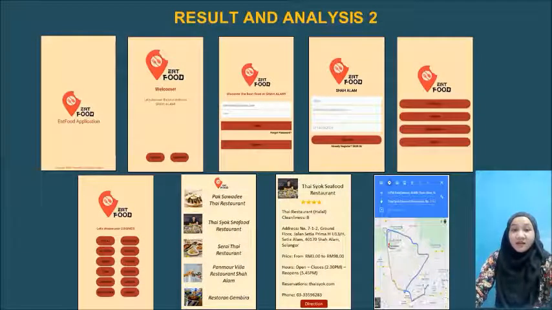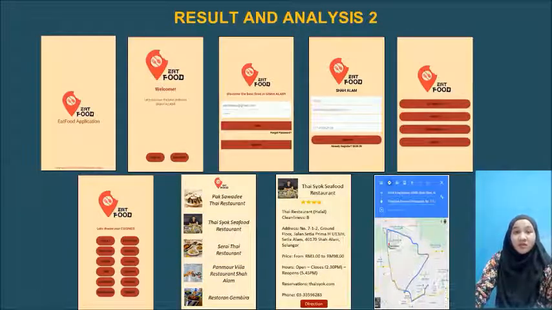Based on the result and analysis for objective 2, first is the splash screen, and lastly is the step to use. All of this layout must be followed in steps so users can reach their goal to find the restaurant. All uploaded pictures, details, and reviews of the restaurant will be displayed in the information of the restaurant.